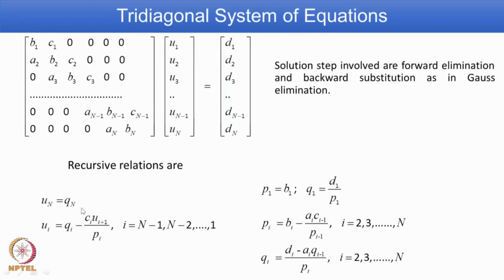Now, we define q and p as given here: p1 is equal to b1, q1 is equal to d1 by p1, and this is for the first row. For the remaining rows from 2 to n, q and p are defined as shown here. This relationship is already worked out; what I am showing here is only the final expression, in the form of a recursive relationship.